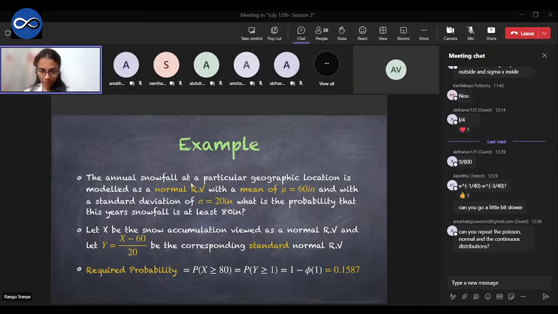So it will be 1 minus phi of 1, where phi is the standard normal random variable's CDF, whose values are already known to us. So we can convert in terms of this and calculate. By using the 1 minus phi of 1 value, you'll get it to be 0.7. So this is how you calculate.